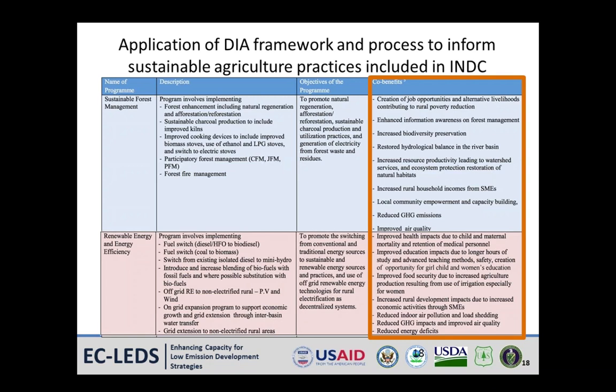But in the slide that we have here, we have 2 examples of the sustainable forest management and renewable energy and energy efficiency. Let me just start from the left side. We have the name of the program on the left, the description of the programs in the second from the left.